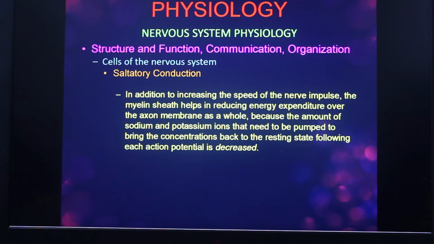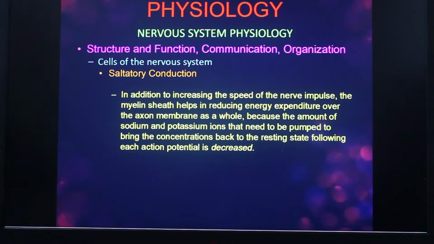In addition to increasing the speed of the nerve impulse, the myelin sheath helps in reducing energy expenditure over the axon membrane as a whole, because the amount of sodium and potassium ions that need to be pumped to bring the concentrations back to the resting state following each potential is decreased.